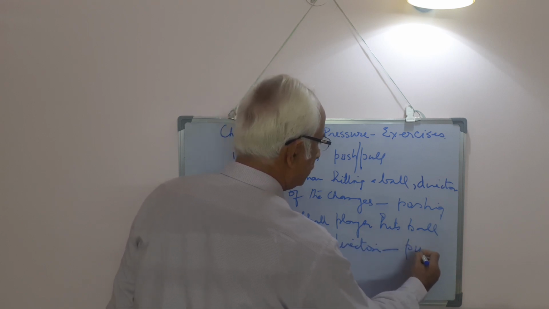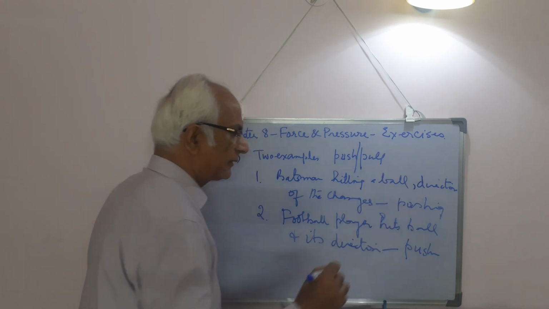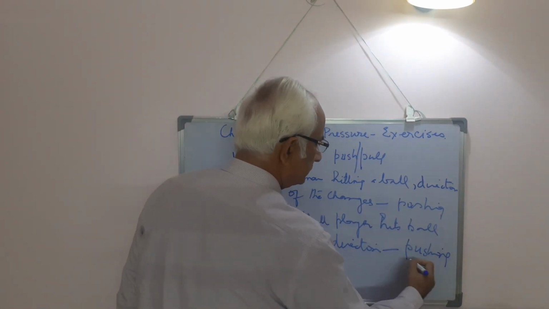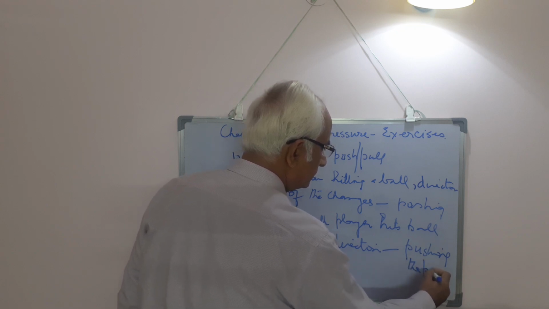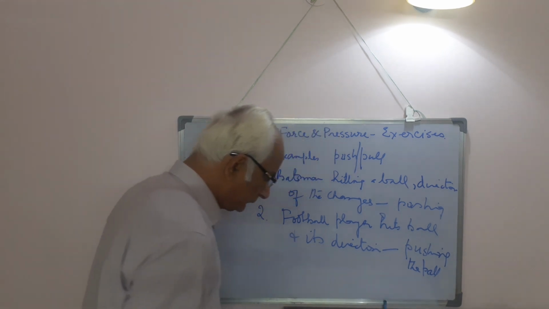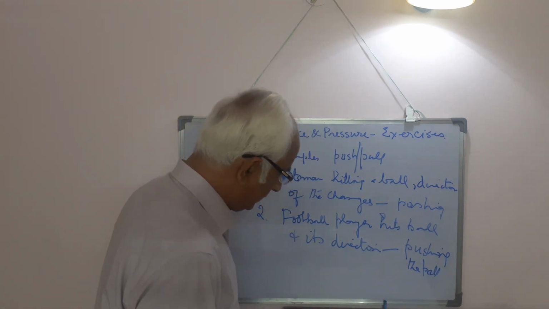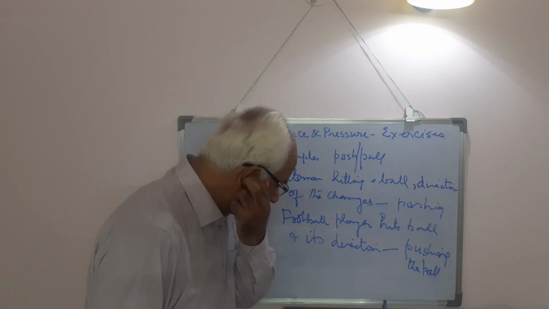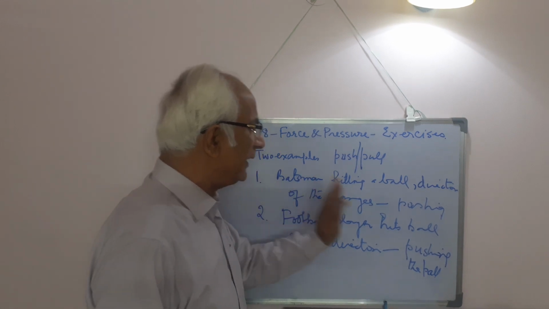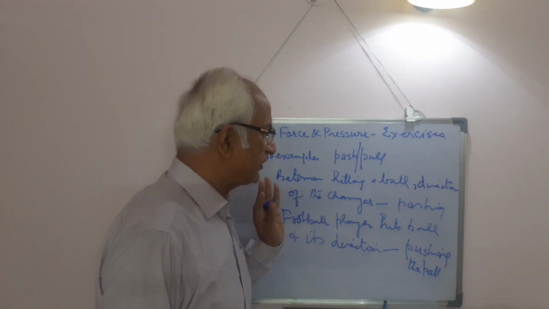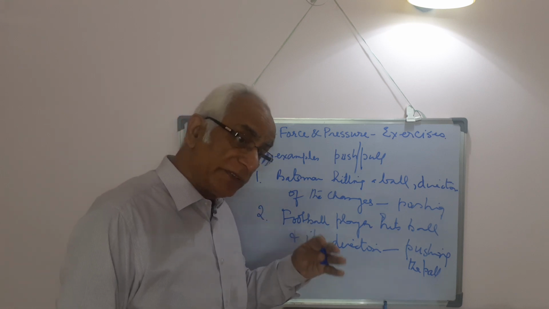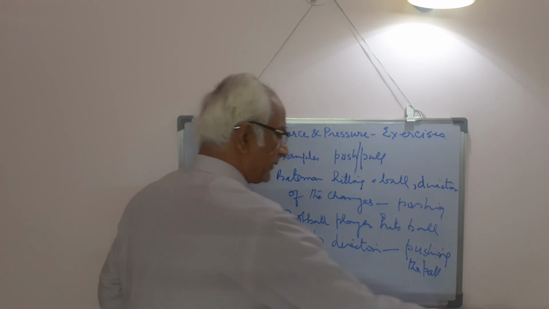This is also a case of push, pushing the ball. So these are two situations where we push an object and its state of motion changes. In both cases, the direction is changing and even the speed may also change.